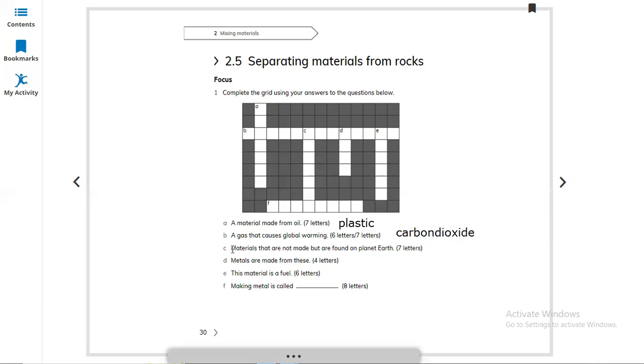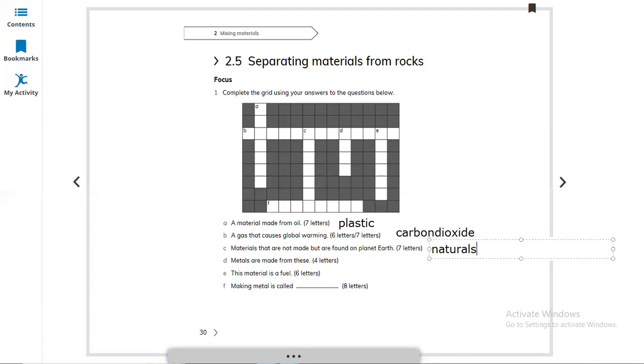After this, C: materials that are not made but are found on planet Earth. So this is natural, not human made. This is from God, you can say.